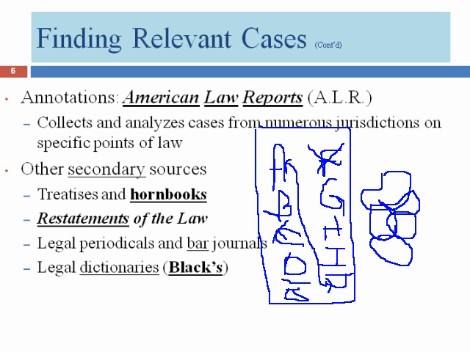Now, it's not a cure-all. For one thing, it is a secondary resource. The authors of these kind of fake statutes aren't members of the legislature, so if they get it wrong, if they don't give G enough weight but give a lot of weight to D, then the judge can say, I don't agree with that restatement. That's not good.